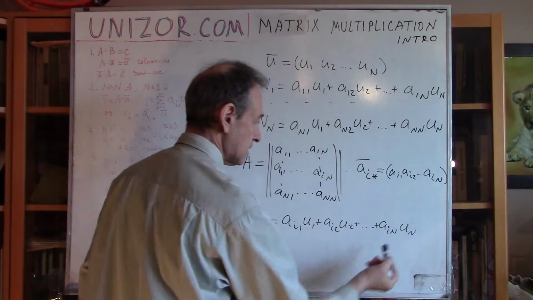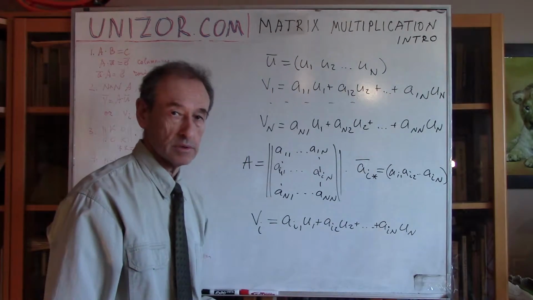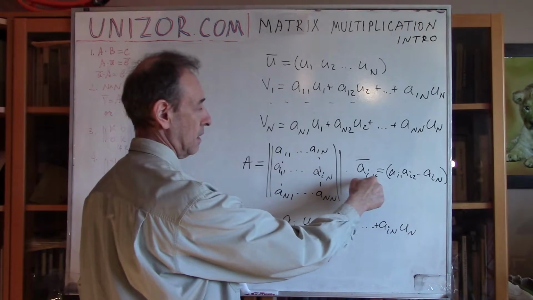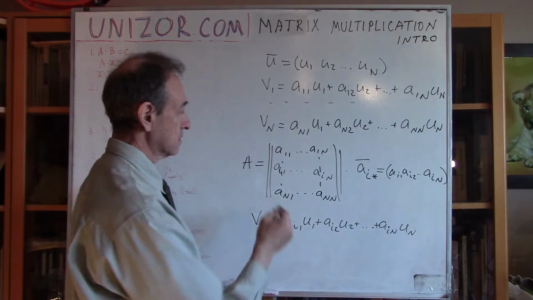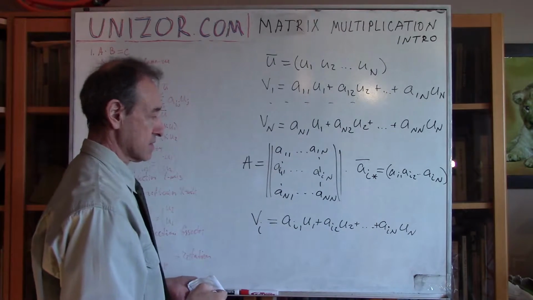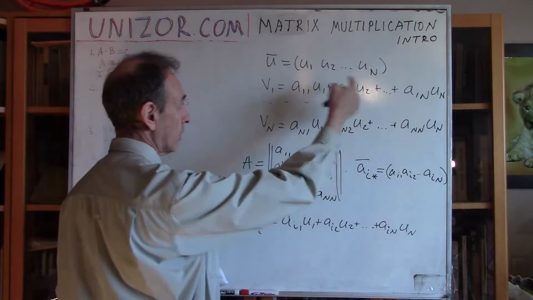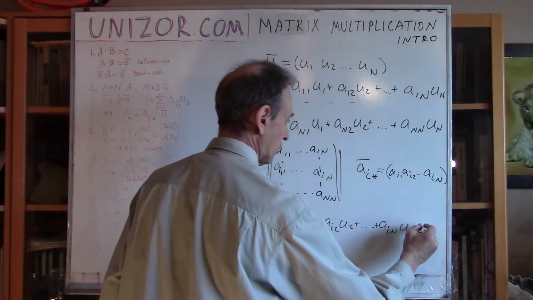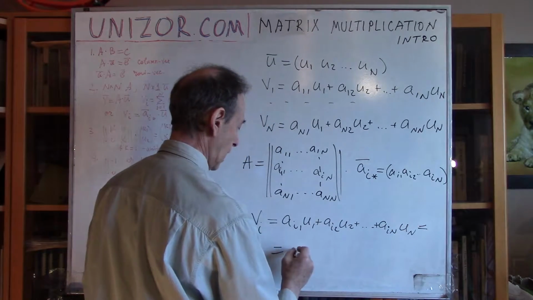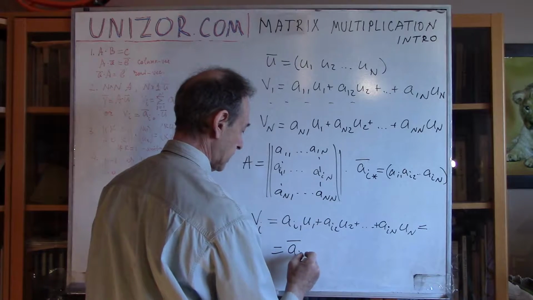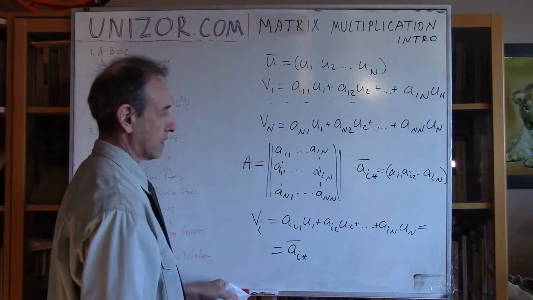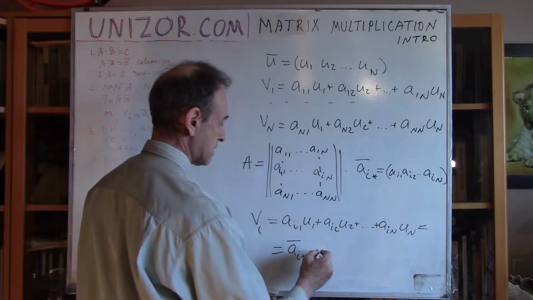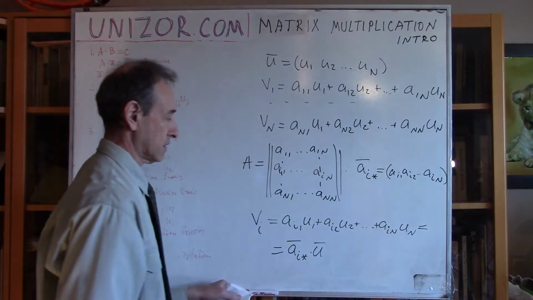Now, this is a scalar product of the ith row vector of the matrix of transformation and our original vector. So I can say that this is equal to the scalar multiplication of the row vector in the ith row of our matrix and our original vector.